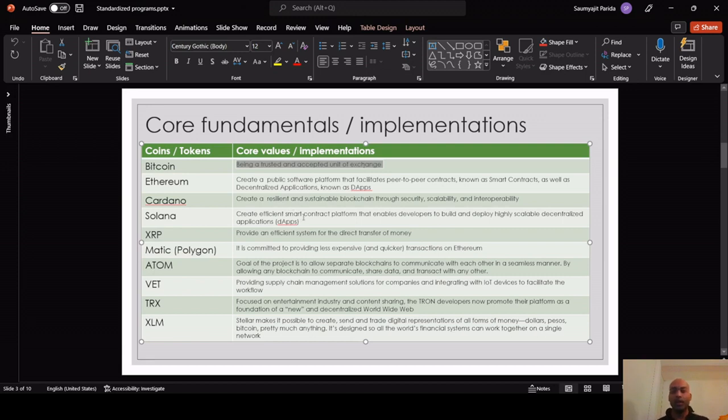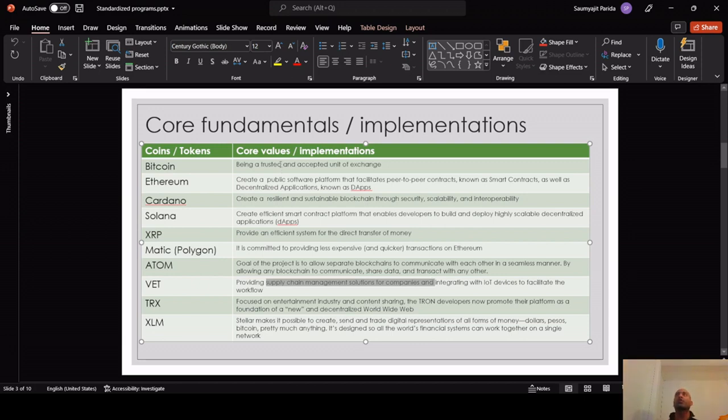Solana creates different smart contract platforms. XRP is an efficient system for direct transfer of money. VET is for supply chain management solutions rather than a unit of exchange.